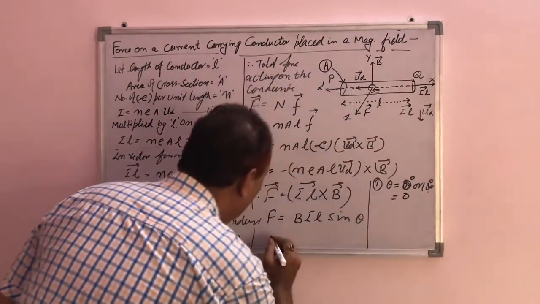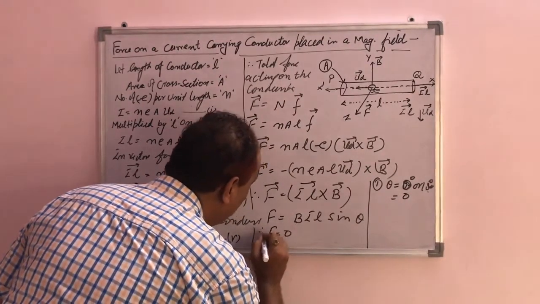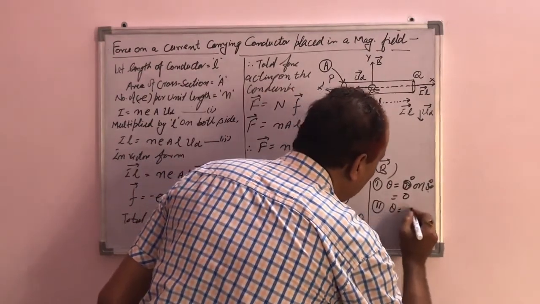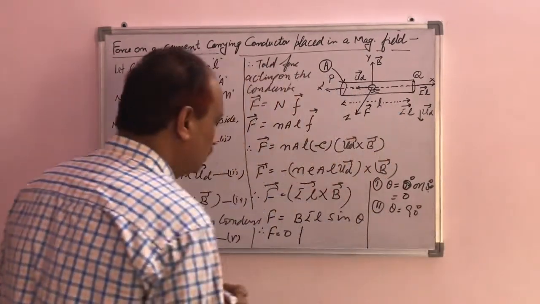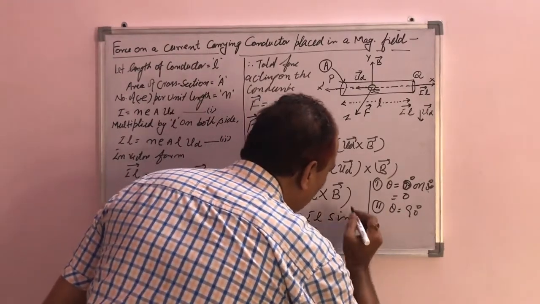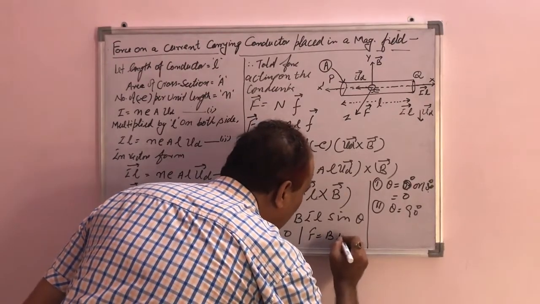So the force in the first situation is F equal to 0. In the second situation, when theta equals 90 degree, sin 90 equals 1. So F will be equal to B I L.